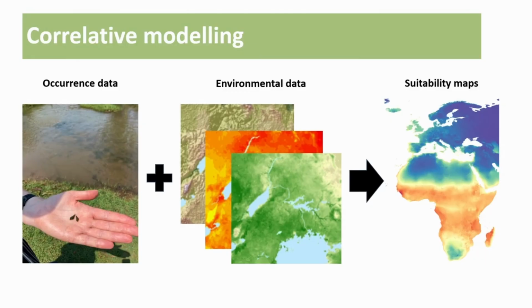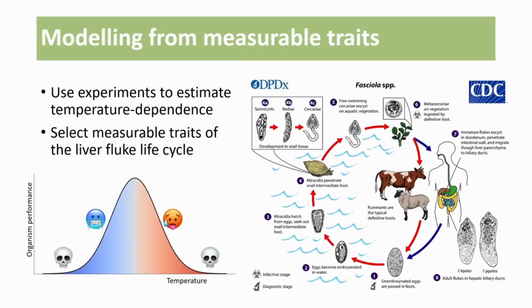Now I'll take a step back and look at a totally different way you could do this. Because of course, maybe you thought, when I showed this idea of a curve, where in the middle of the curve the temperature is perfect and the organism is performing very well, can't you measure this in the lab? I mean, we can catch these snails.